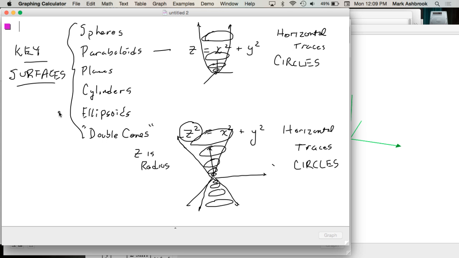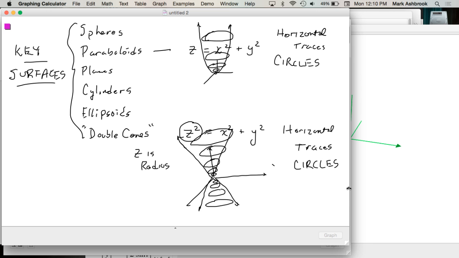Spheres, paraboloids, planes, cylinders, ellipsoids, double cones. So there's a lot of memorization to this. You have to be able to look at an equation and know which one it is. You have to be able to look at a graph of one and identify what it is, and maybe given some elements of that graph, could you come up with the equation? Okay.